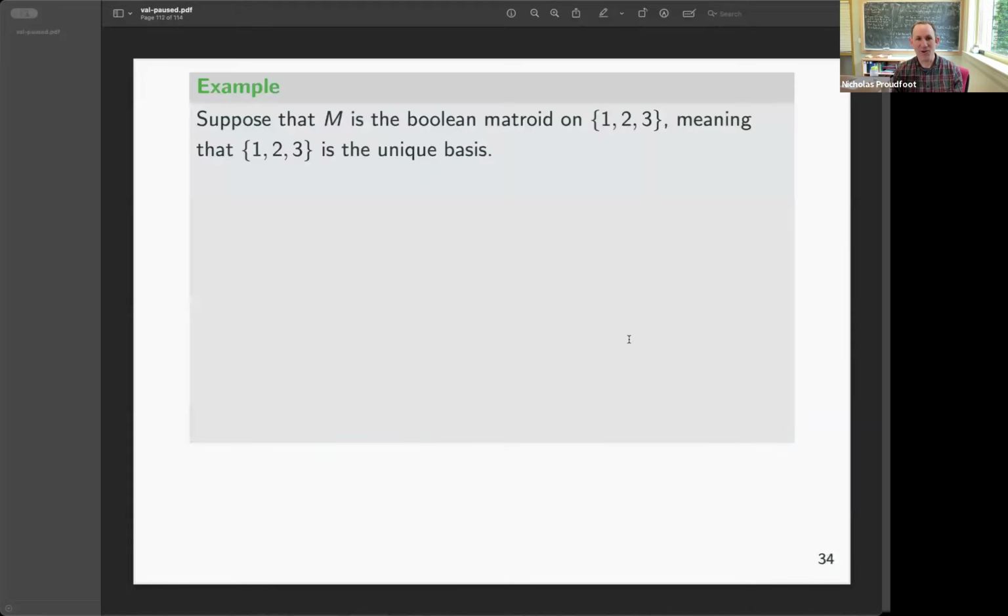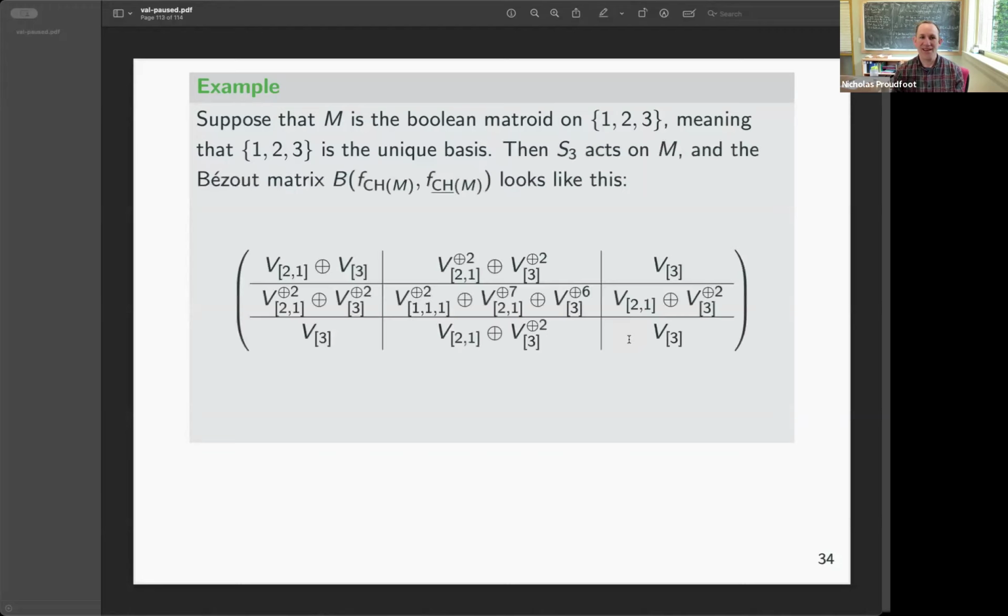Let me write down one example. Suppose I have the Boolean matroid on the set 1, 2, 3. So 1, 2, 3 is a basis, and that's it. The Bézout matrix looks like this. The entries, a priori, should be virtual representations of S3. The irreducible representations of S3 are given by partitions of 3.